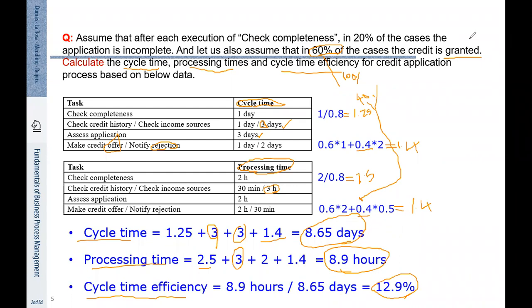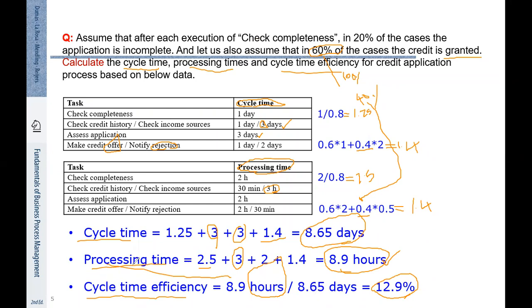Doctor, cycle time, is it big number by small number? No. It must always be hours first. This hour must be first. Then after that, the day is here. You have to put the processing time in hours, divided by the day. Cycle time will be later.